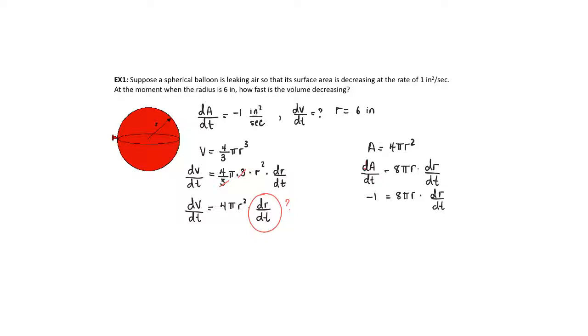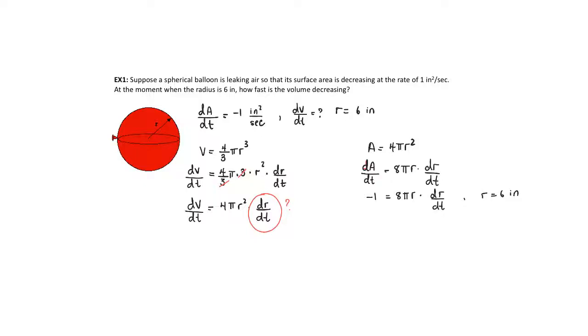And now I should be able to solve for dr by dt because exactly when r is equal to 6 inches, I know that I can find this rate of change. Remember that everything has to happen at the end when r is equal to 6 inches.